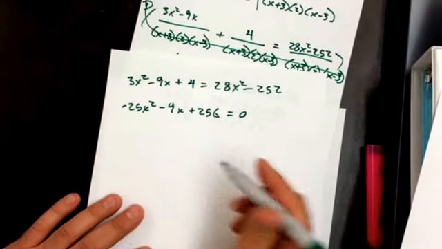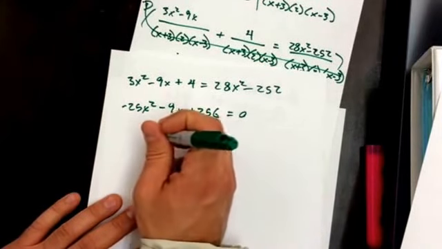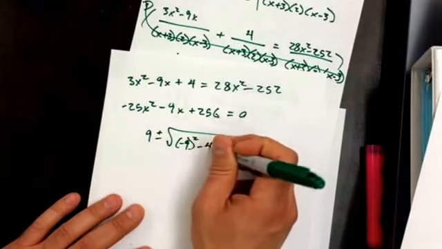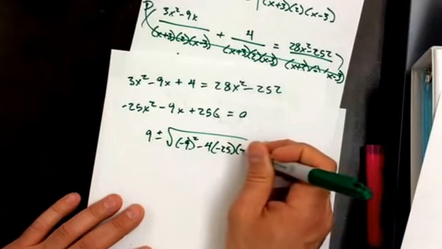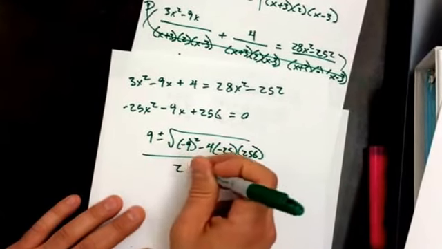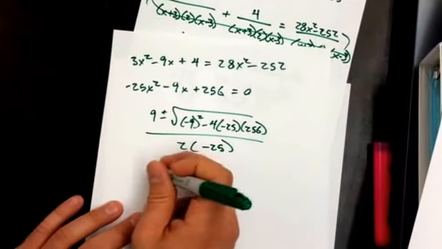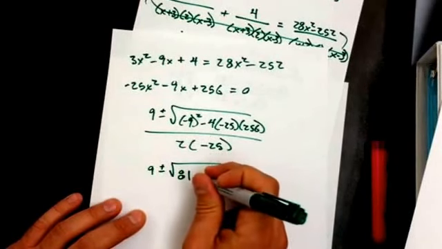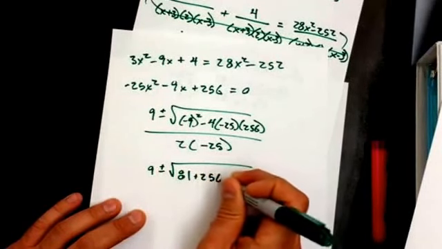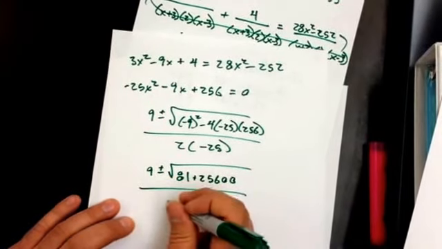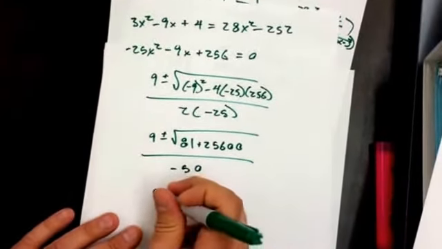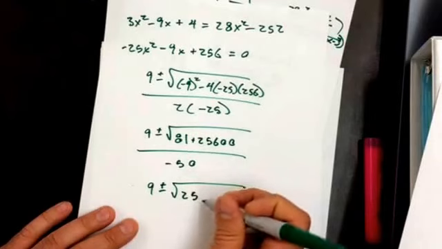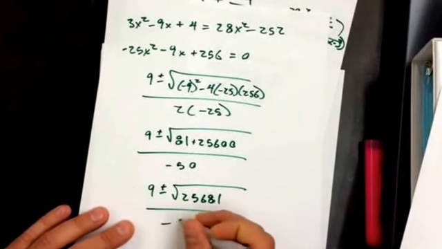Now that I set it equal to 0, I'm going to use the quadratic equation. So I have 9 plus or minus the square root, negative 9 squared minus 4 times negative 25 times 256, over 2 times negative 25. 9 plus or minus square root 81 plus 25,600 over negative 50. 9 plus or minus square root 25,681 over negative 50.